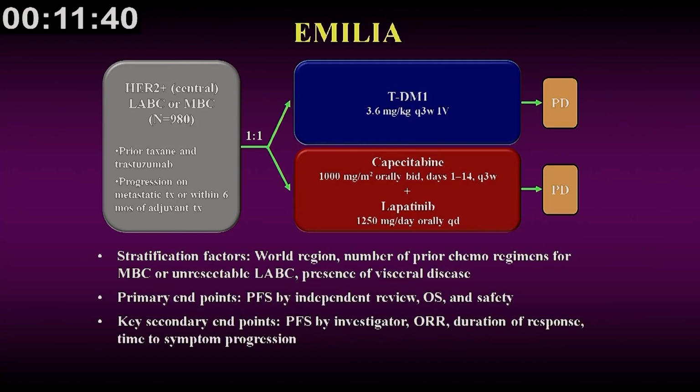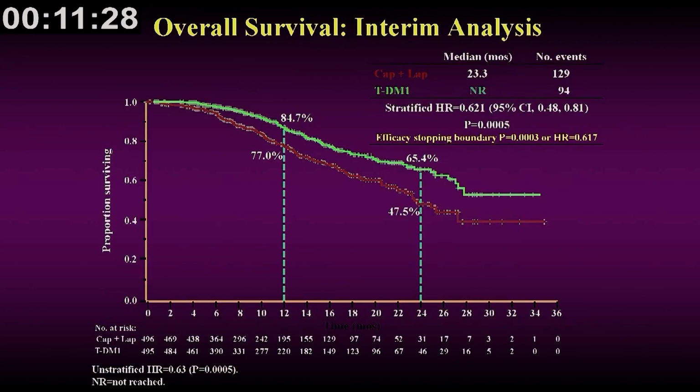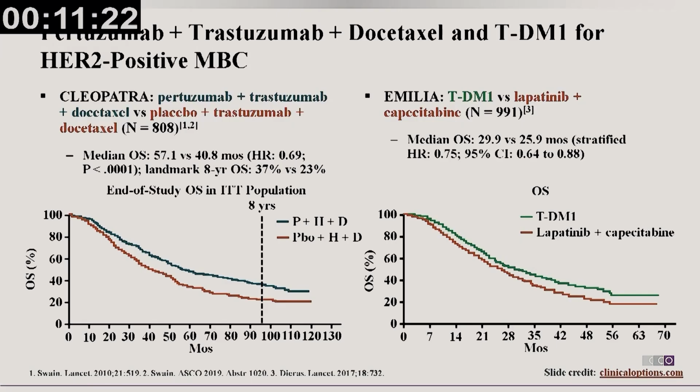They were randomized to TDM1 or capecitabine plus lapatinib, and as you know, lapatinib is a small molecule which targets the intracellular tyrosine kinase of the HER2 receptor. So this study showed that there was an overall survival advantage when this drug was used, and this is again to show you the advantage from these two trials, the Cleopatra and Emilia one, again showing you that there is an advantage of using these antibody drug conjugates.